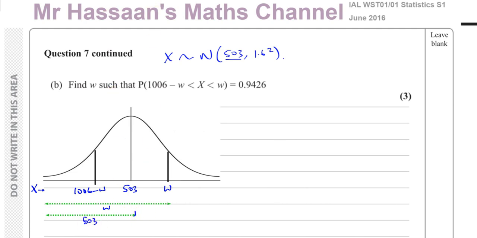So the distance from here to here is going to be W minus 503. So we can therefore say that this distance here is W minus 503.